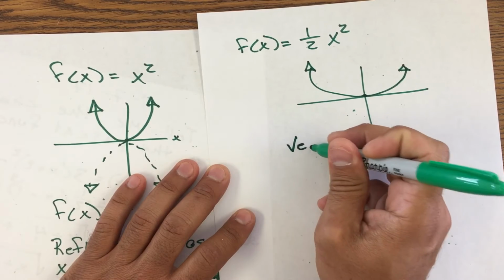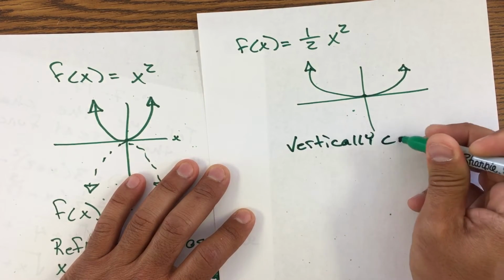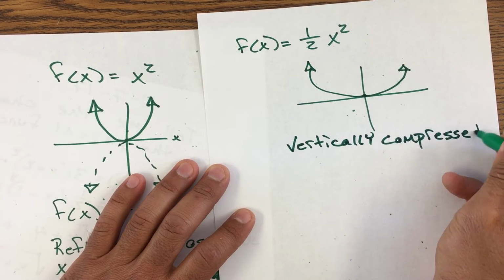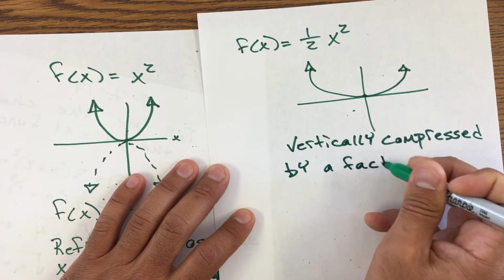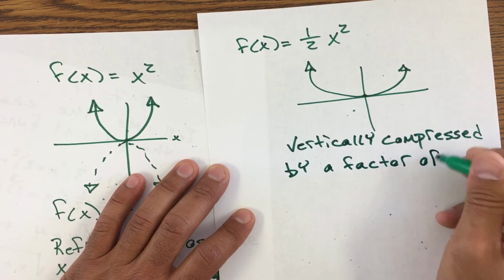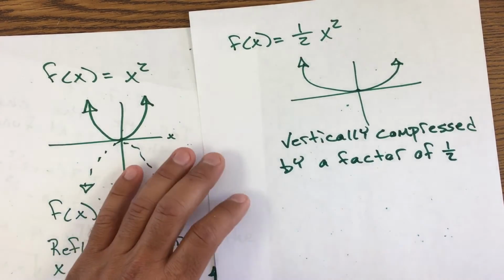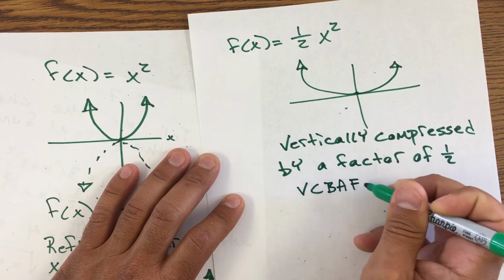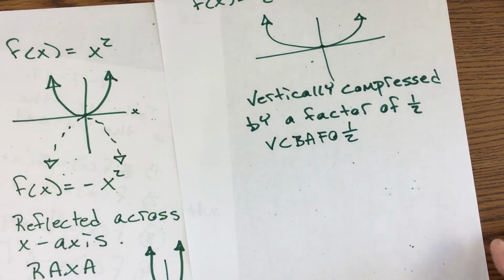So we would say it's vertically compressed by a factor of 1/2. So that's a lot to write, so I would put vertically compressed by a factor of 1/2. So that's what we're doing here.